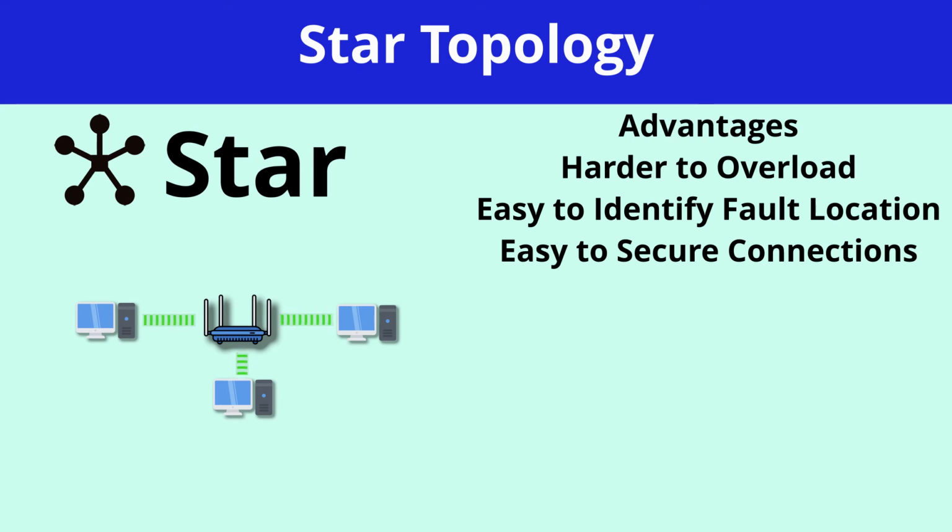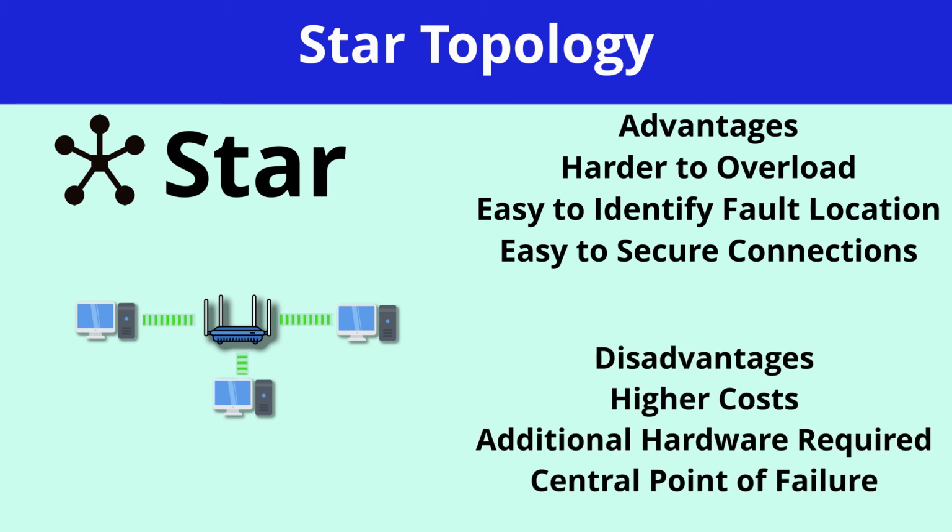And the third advantage is that it's also easier to establish secure connections because each device is connected directly to the switch. There's no transmission medium shared between devices. The disadvantages of a star are that it's often a higher cost because you have more cabling, because instead of a single cable running around the building, each device now has to have its own cable.